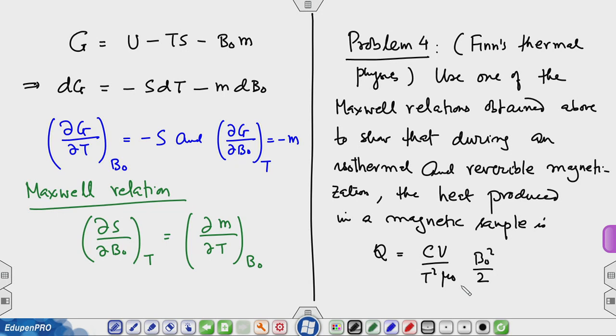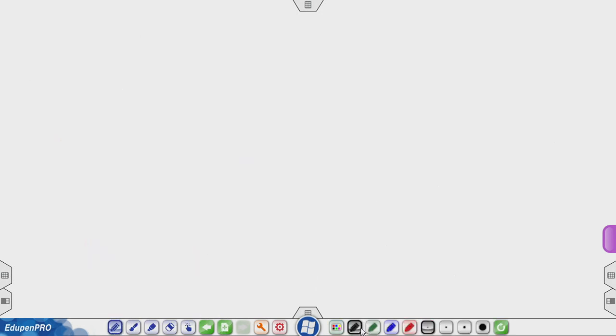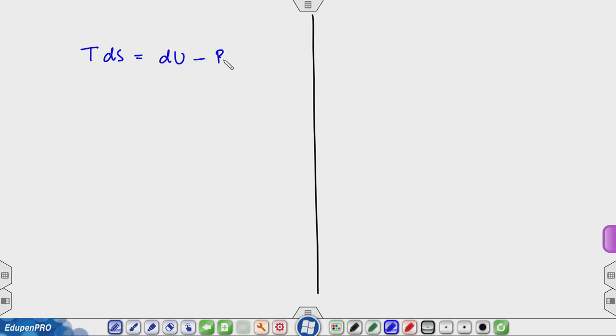So, let's just look at the analogy from the gas system. We have written for the magnetic system T dS equals dU minus B0 dM, while for the gas system it is T dS equals dU plus P dV.